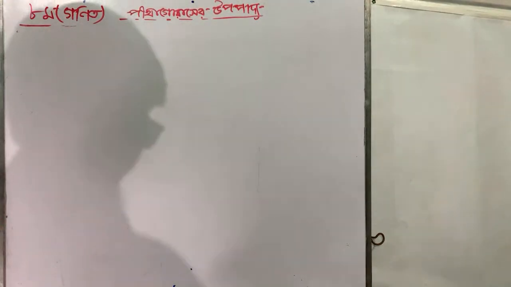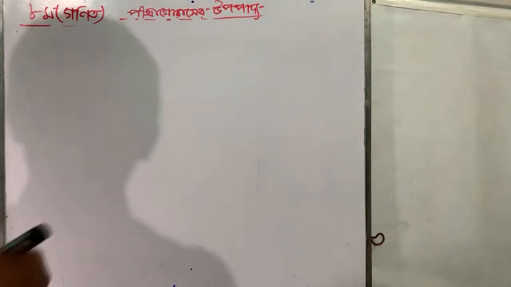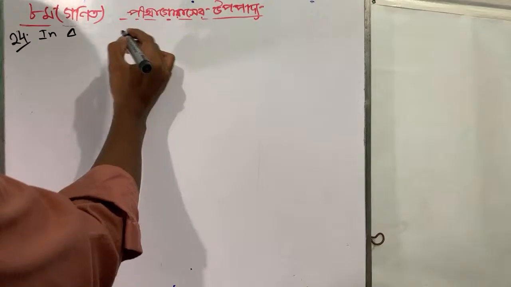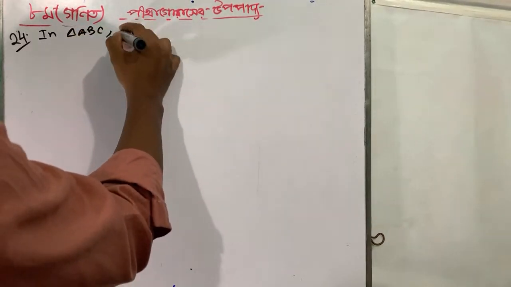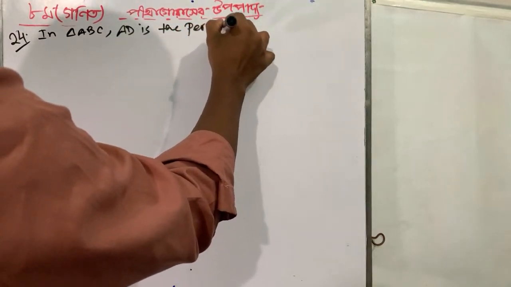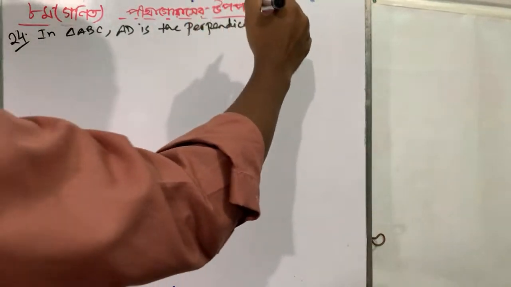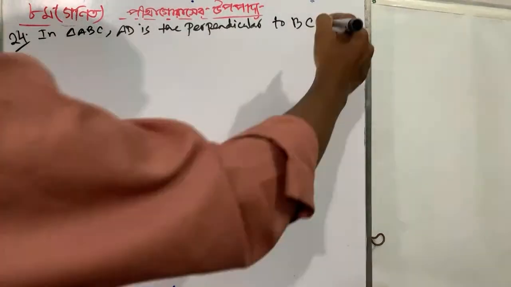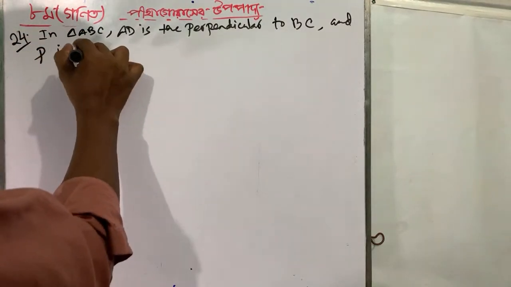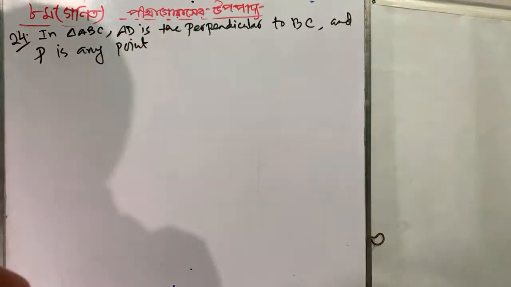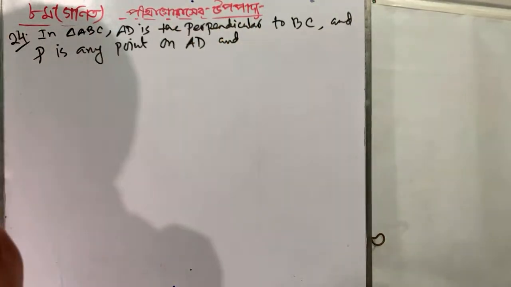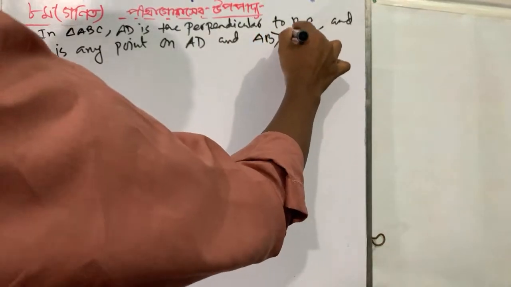Okay, so question number 24. In triangle ABC, AD is perpendicular to BC, and P is any point on AD, and AB is greater than AC.